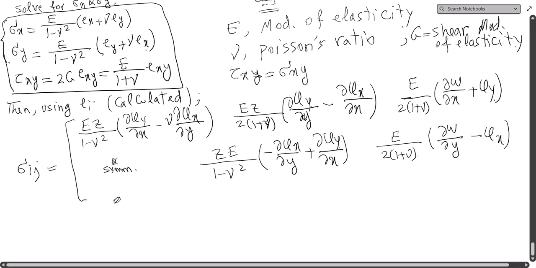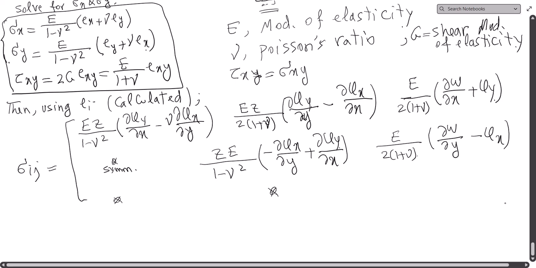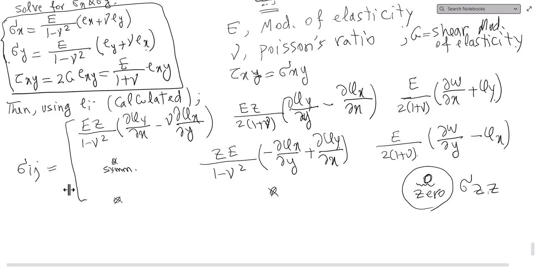Again, symmetry. Now, this sigma zz also becomes 0, because your epsilon zz is 0.